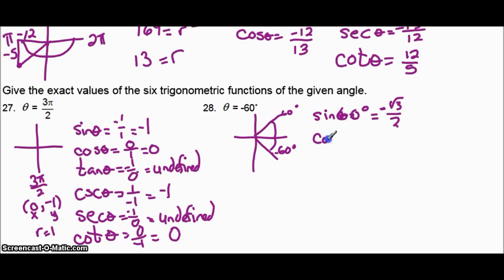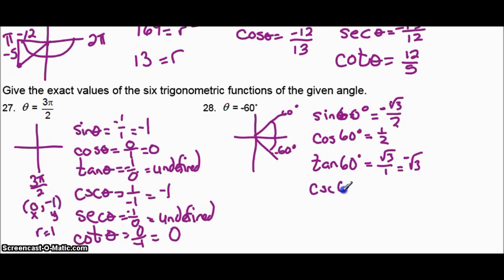Alright, then cosine of 60 degrees is 1/2, and cosine is positive in the fourth quadrant, so it stays 1/2. Tangent of 60 degrees would be square root of 3 over 1, which is square root of 3, and tangent is negative in the fourth quadrant.